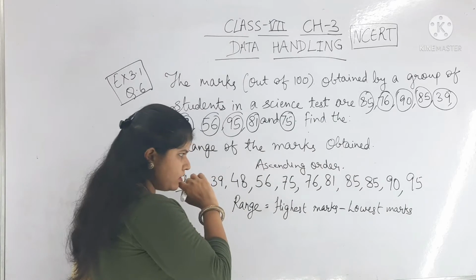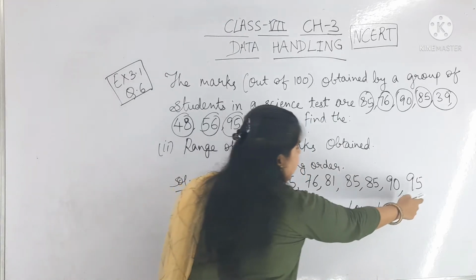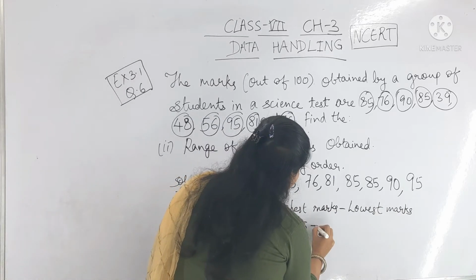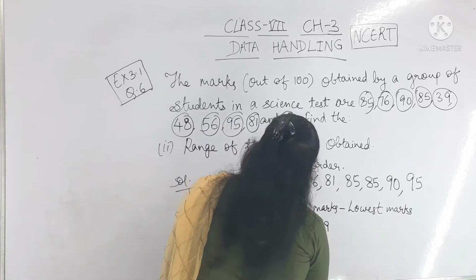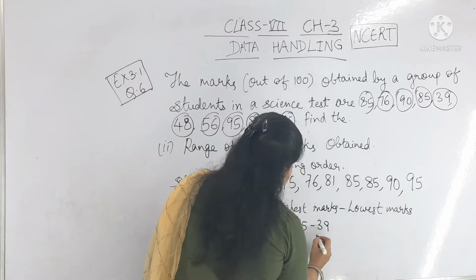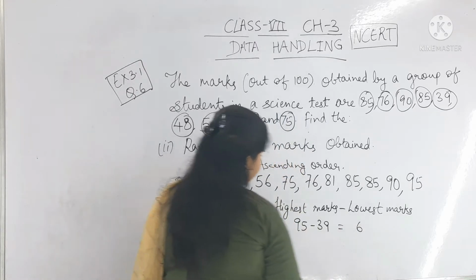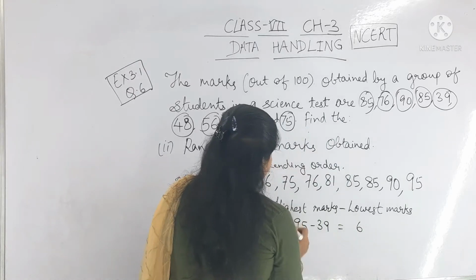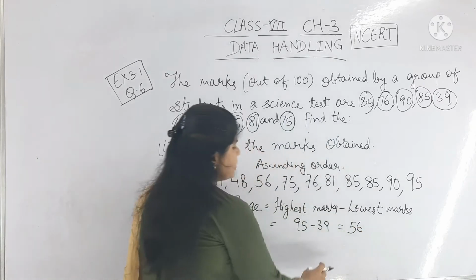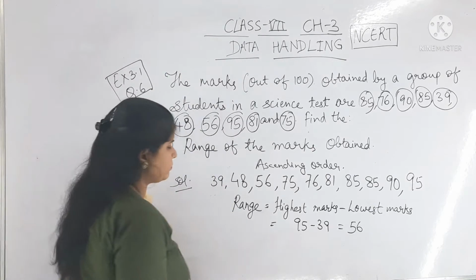We found the highest and lowest values in the first part, so we write 95 minus 39. 15 minus 9 is 6, and 9 becomes 8, and 8 minus 3 is 5. So the answer is 56. This is the range of the marks obtained.